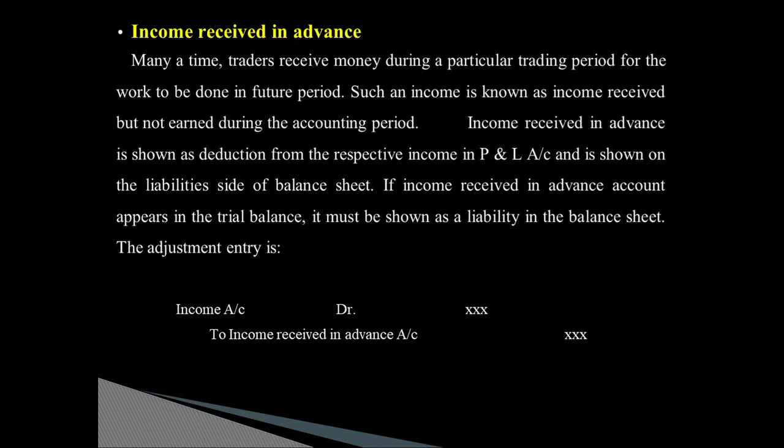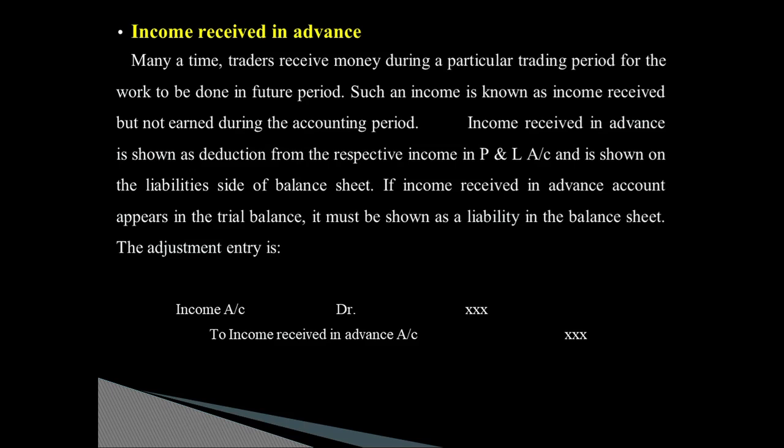Next item is income received in advance. When the trader receives money in advance during a particular trading period for work to be done in a future period, that means the trader received the amount in advance before doing the work. That is called income received in advance.